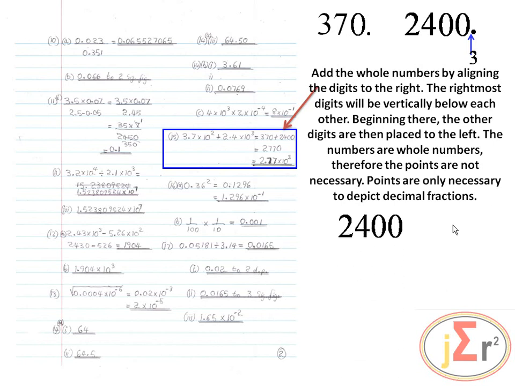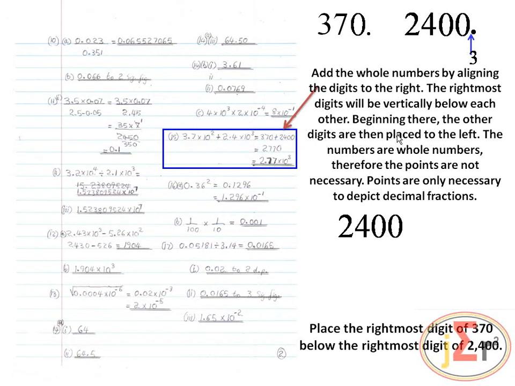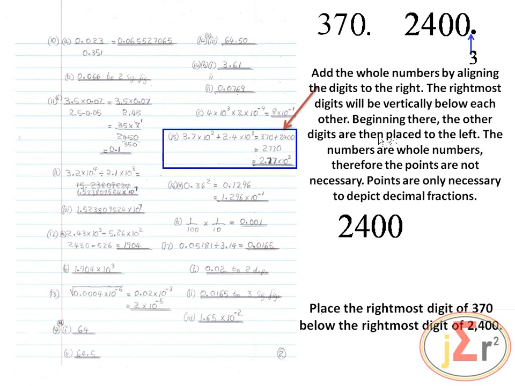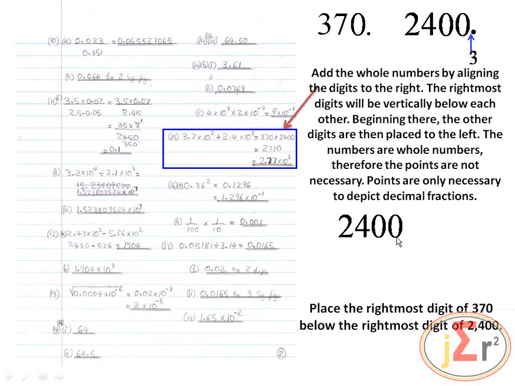Therefore, we will start with 2,400, and we have here in our statement, what do we do? Align the numbers, since they are whole numbers, with their rightmost digit. The rightmost digit here is this one. Therefore, when we write 370, the 0, which is the rightmost digit here, will be aligned with the rightmost digit here.